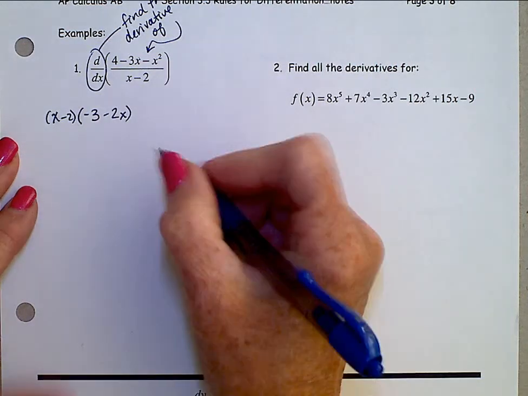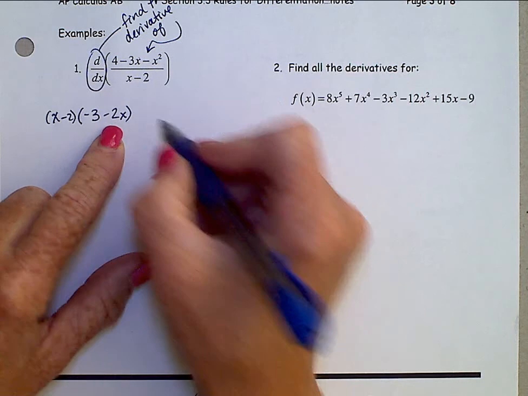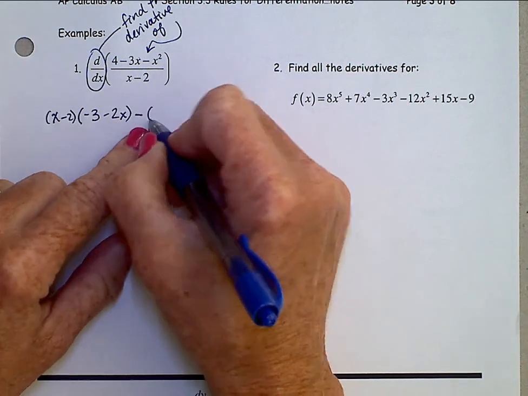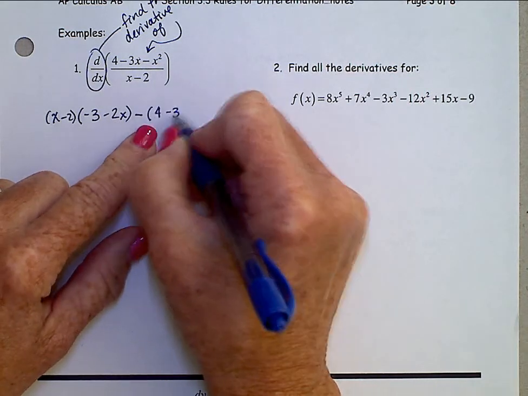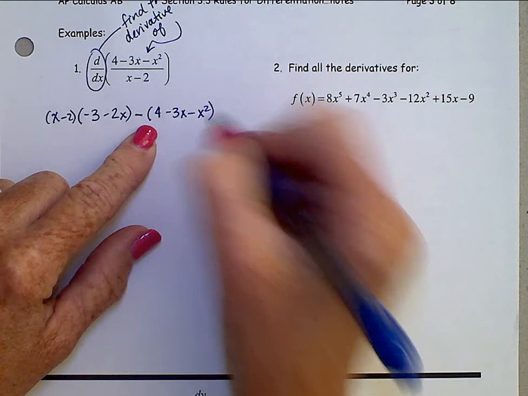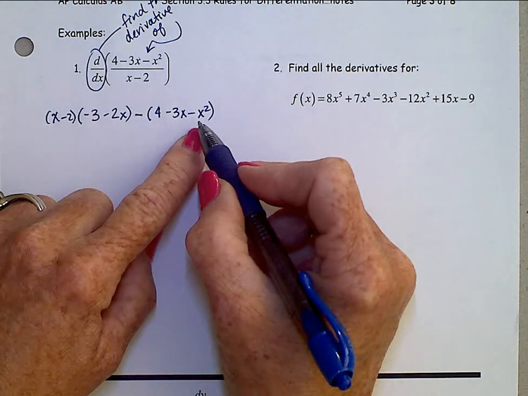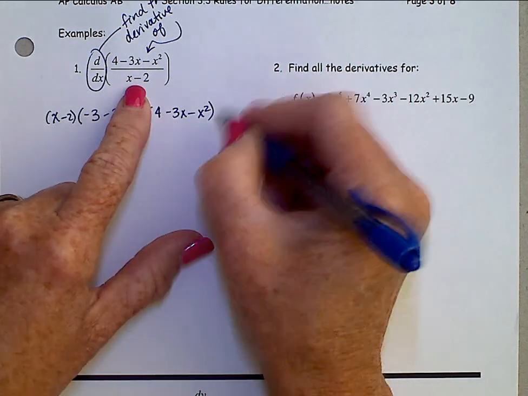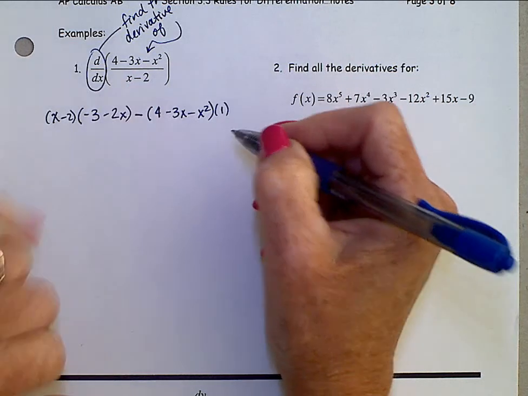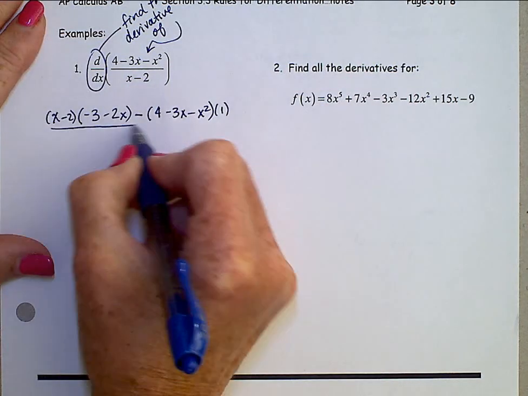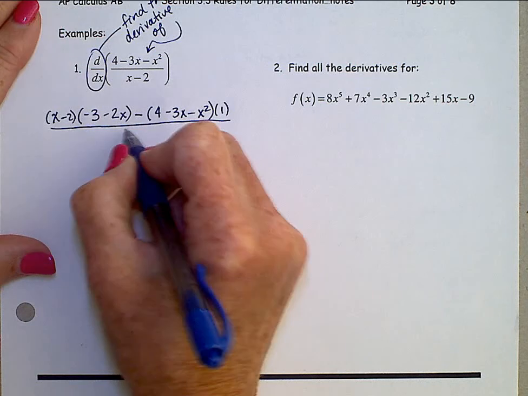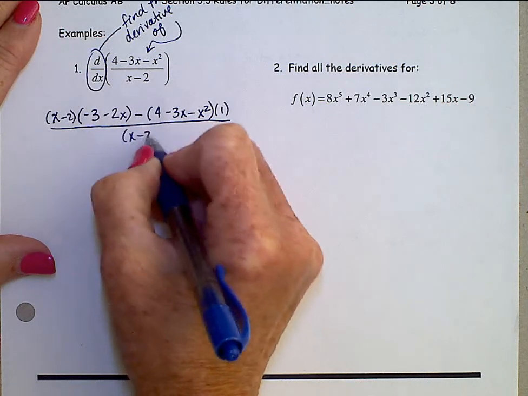So here's bottom, derivative of the top, minus the top, 4 minus 3x minus x squared, times the derivative of the bottom, which is 1, all over the bottom, x minus 2 squared.